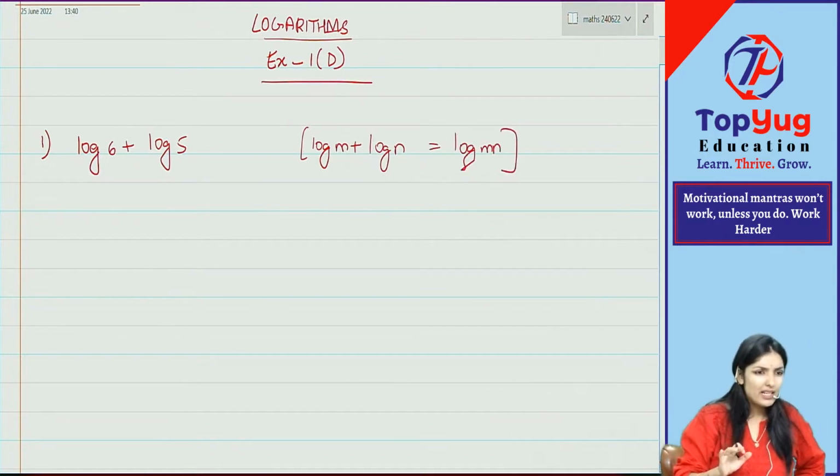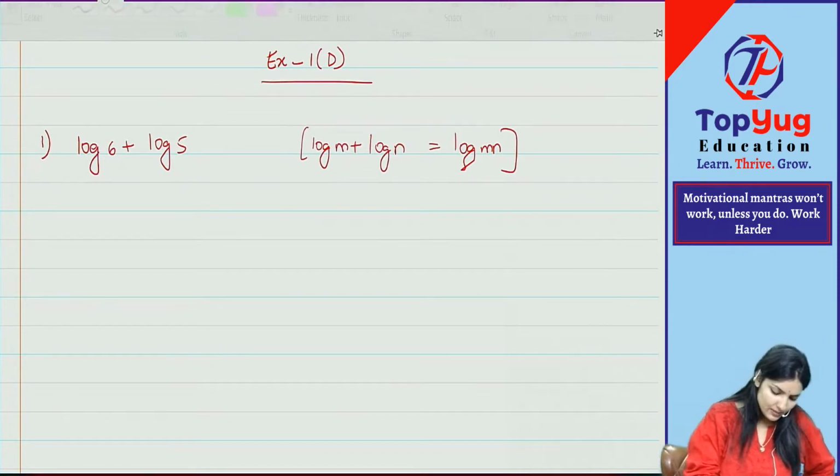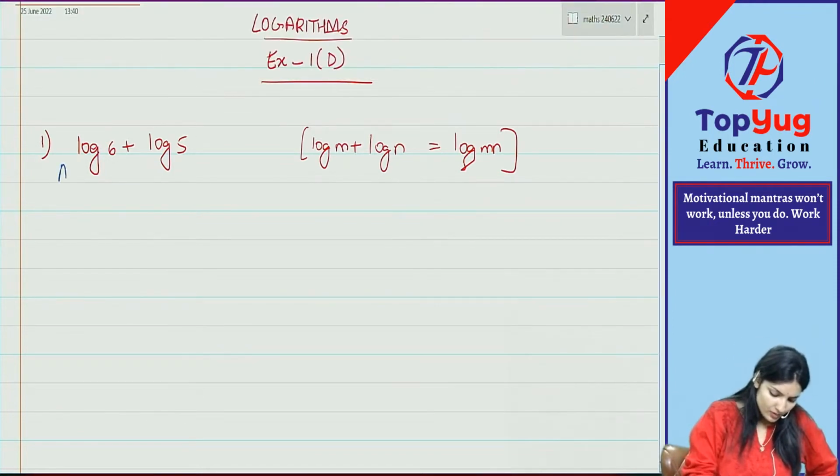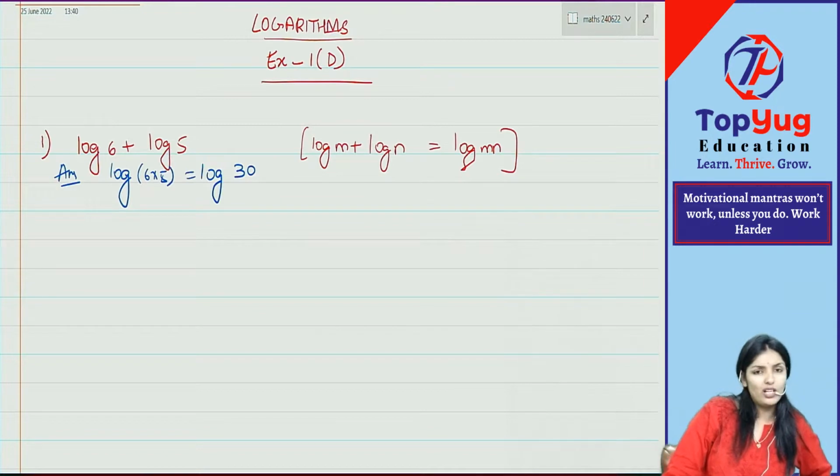There is some base a, we need not worry about it. So I can write this as log 6 into 5, log 30. Which option? Am I right with this one? Are you sure? Can't I write log 11? Pakka. Very good.